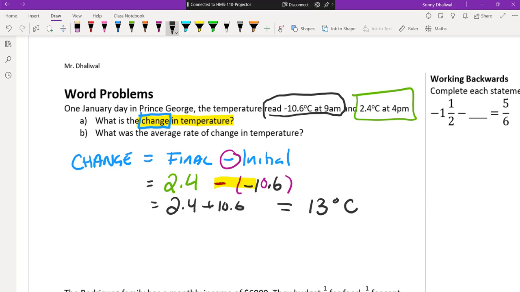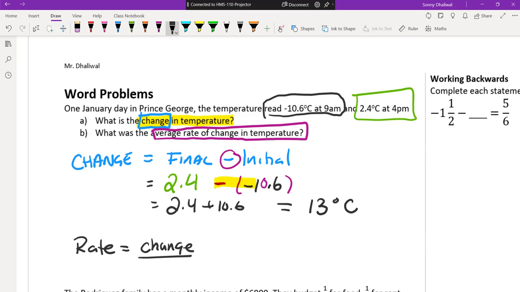Okay. Now, the next part is find the rate of change. Now, that's another math and science term that we come across all the time. Rate, if you're ever asked to find it, is always equal to your change divided by the time it took for that change to happen.